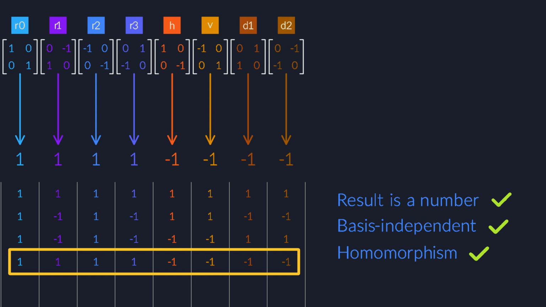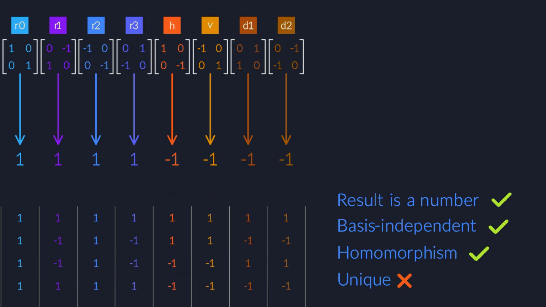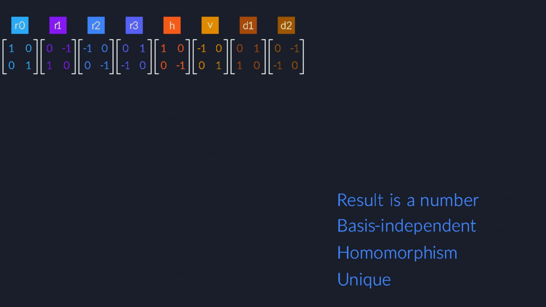That's bad news. The entire point of a character is that it should uniquely characterize a representation. The determinant fails to do that, and not just in this particular example. So, in spite of all its advantages, the determinant is out. Too bad. What else have we got?